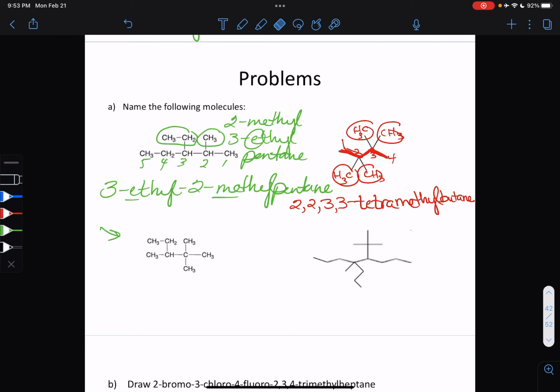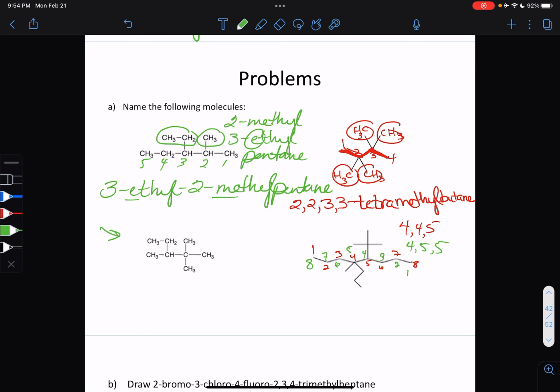Okie dokie. So bottom right hand corner, what we're going to do is go, okay, I can do 1, 2, 3, 4, 5, 6, 7, 8, and that'll give me 4, 4, 5, or I can do 1, 2, 3, 4, 5, 6, 7, 8, and that will give me 4, 5, 5.